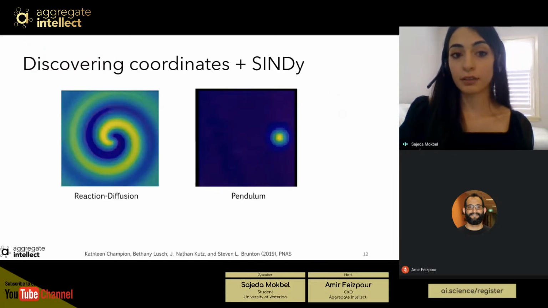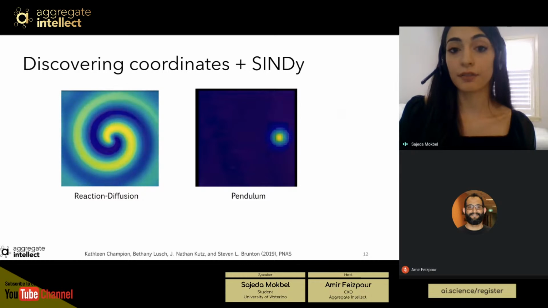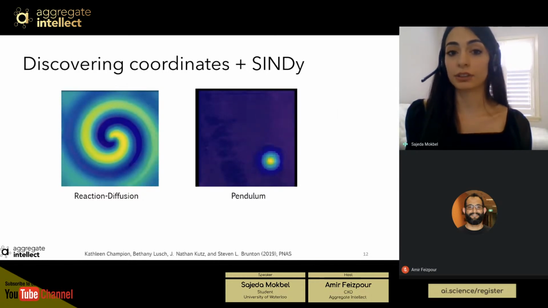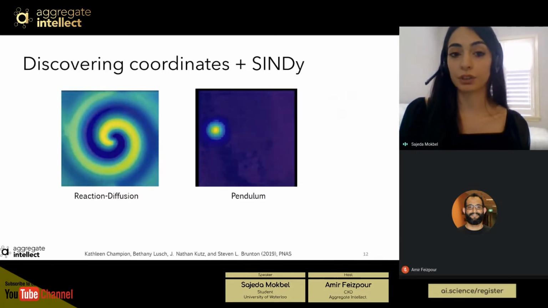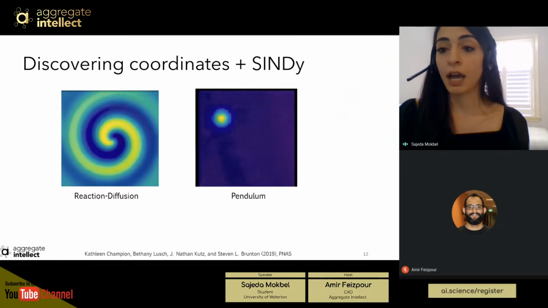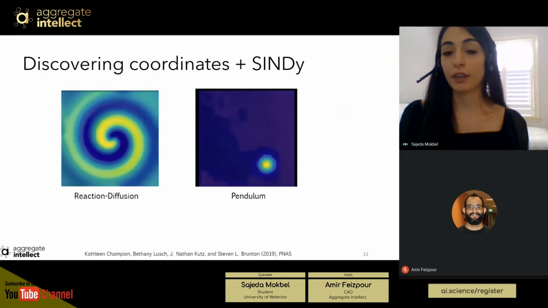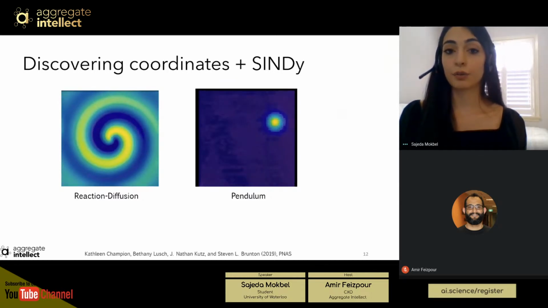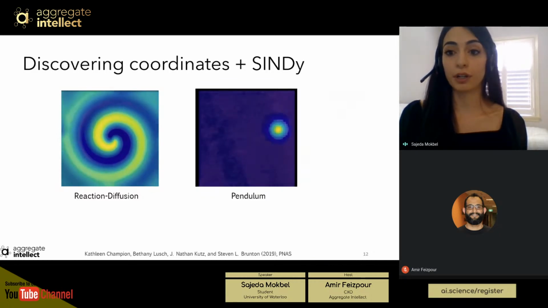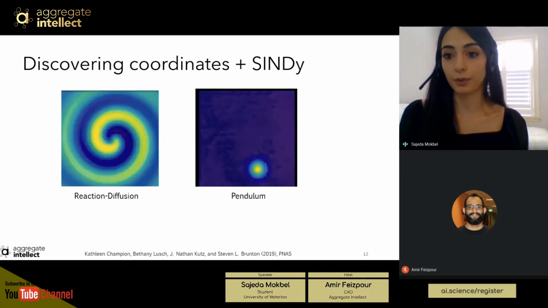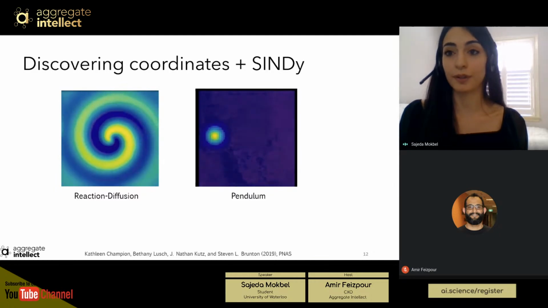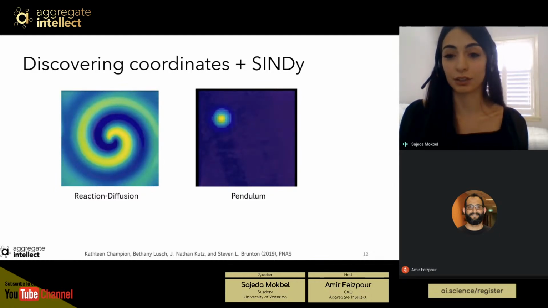However, in real case scenarios, given really high dimensional data like a reaction diffusion equation or a pendulum, we want to be able to discover the coordinates that can describe the dynamics by itself. So the SINDy model I showed you before works well if we know the variables that we want to measure to create these underlying relationships.